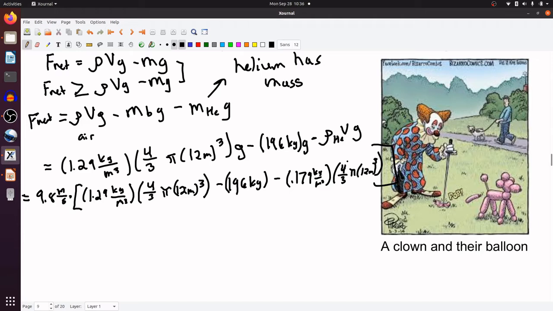1.29 times 4, divide that by 3, times pi, times 12 to the third. And then I'm going to subtract 196. And then I'm going to subtract, in parentheses, 0.179 times 4 times pi times 12 to the third.